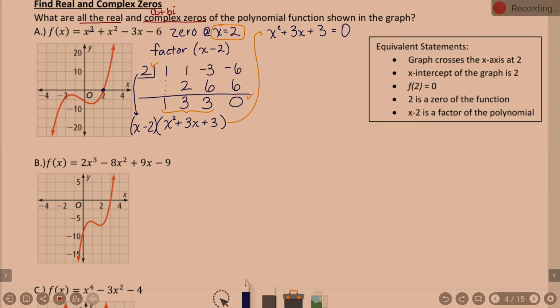My imaginary answers. Does this factor? I wish it did. And I'm not saying it couldn't, but in this particular situation, there aren't two numbers that multiply to be 3 and add to be 3. That just doesn't happen. So, what's another plan to solve when factoring fails?